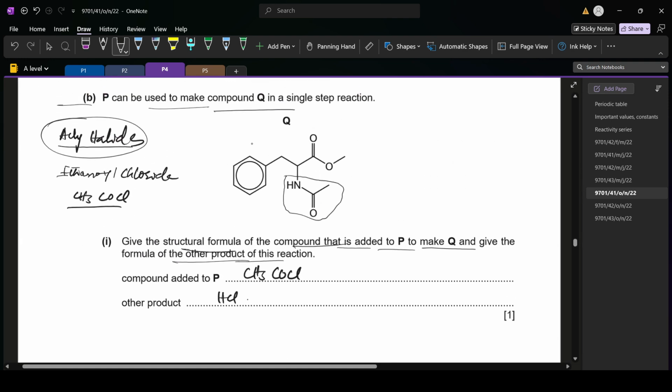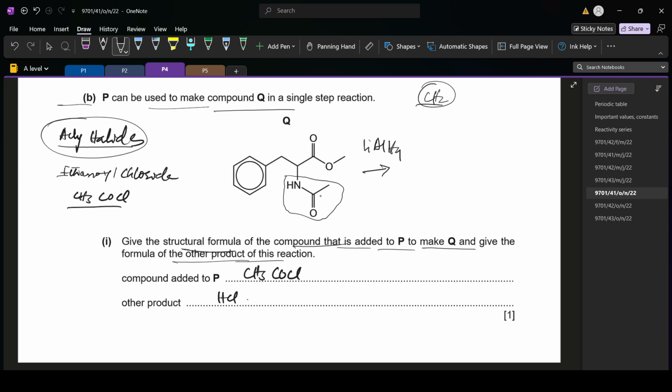So this is Q, and when Q is reacted with excess LiAlH4, this amide group will change into an amine. The carbon which is double bonded to oxygen will change into a CH2 group. You have to remember this.